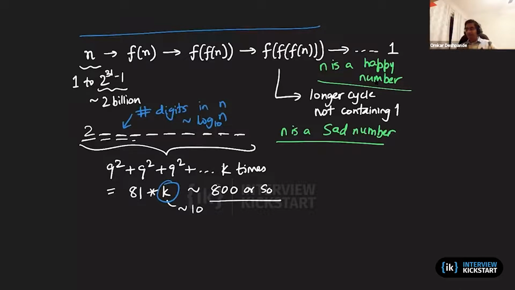And so if each of the digits was a 9, we would do 9 squared or 81, and add up 81 as many times as the number of digits. So this would be roughly 81 times log n, which is still order log n.